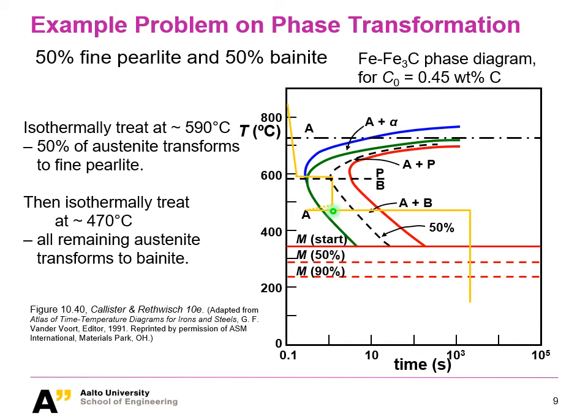The only phase transformation that could happen by quenching, so rapid cooling, is a martensite transformation, which is diffusionless. But we're not there yet, right? This is going to happen, and this is not going to happen. That's why by this quenching, you're at the position still 50% of fine perlite and 50% of gamma phase.